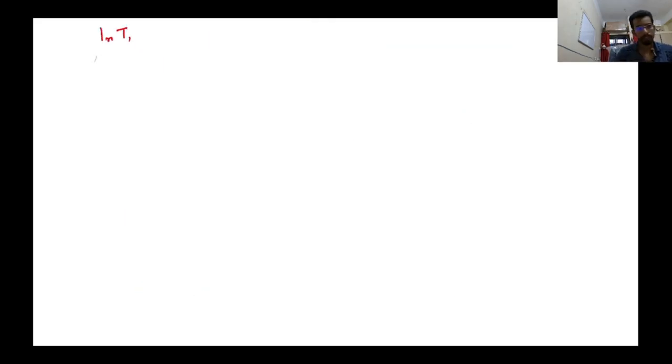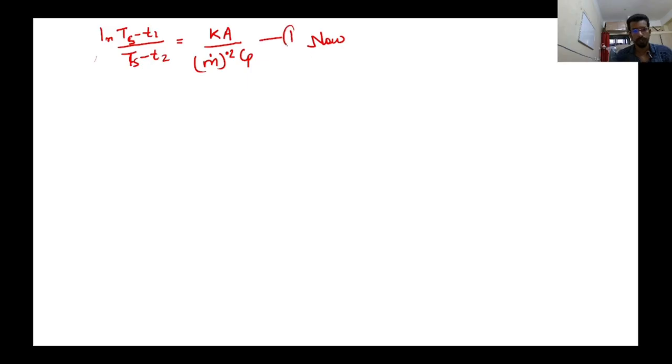So our final expression is ln of (Ts minus T1) upon (Ts minus T2) is equal to constant A upon mass flow rate to the power 0.2 into cp. Now this is the first condition, the original condition. The mass flow rate, the question is saying, we are just doubling it.